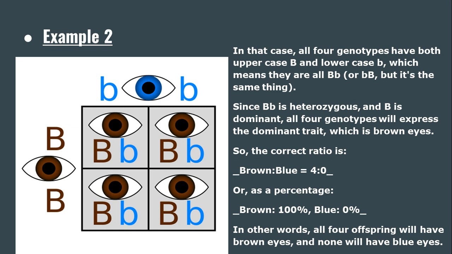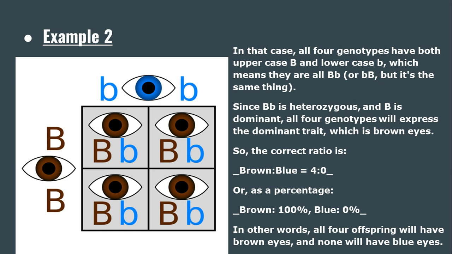So in that case, all four genotypes have both uppercase B and lowercase b, which means they are all Bb. Since Bb is heterozygous, because it is not of the same gene, one is uppercase and the other is lowercase, they are heterozygous.